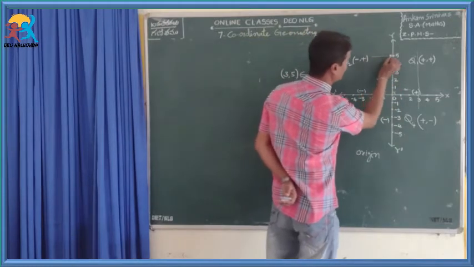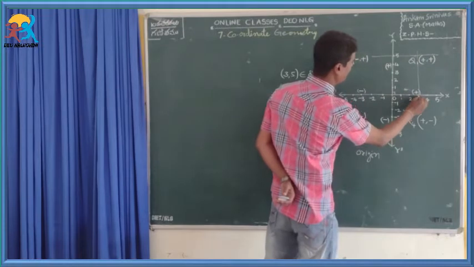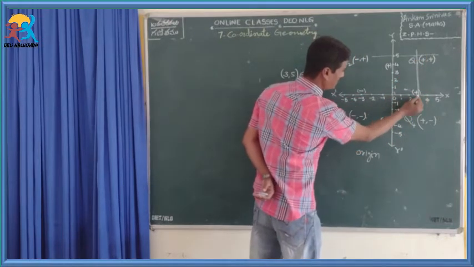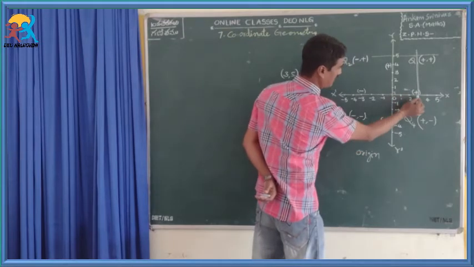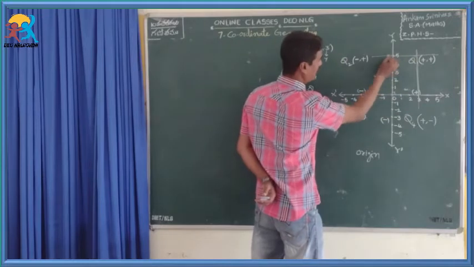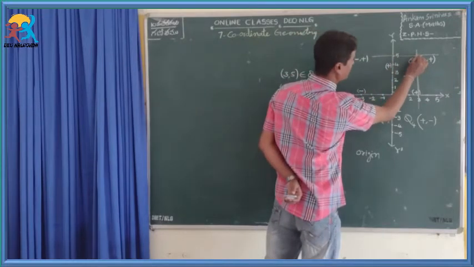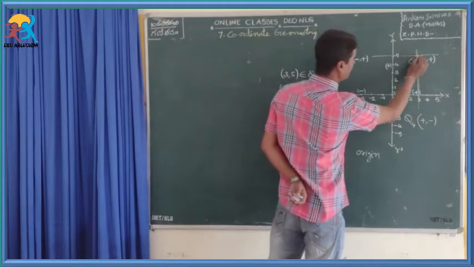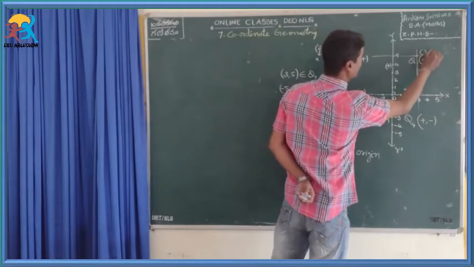It is parallel to the x-axis. The intersecting point of the perpendicular line x equal to 3 and the perpendicular line y equal to 5 is known as 3 comma 5.